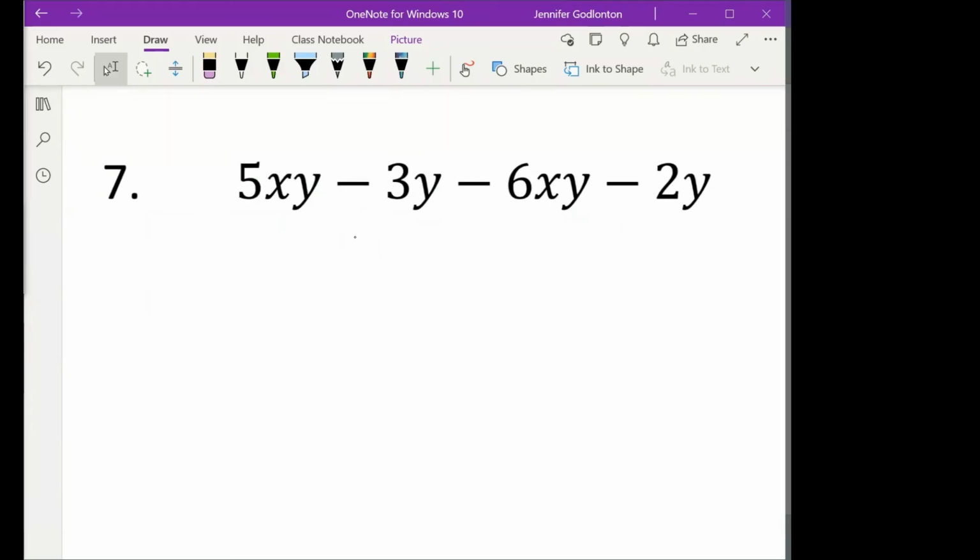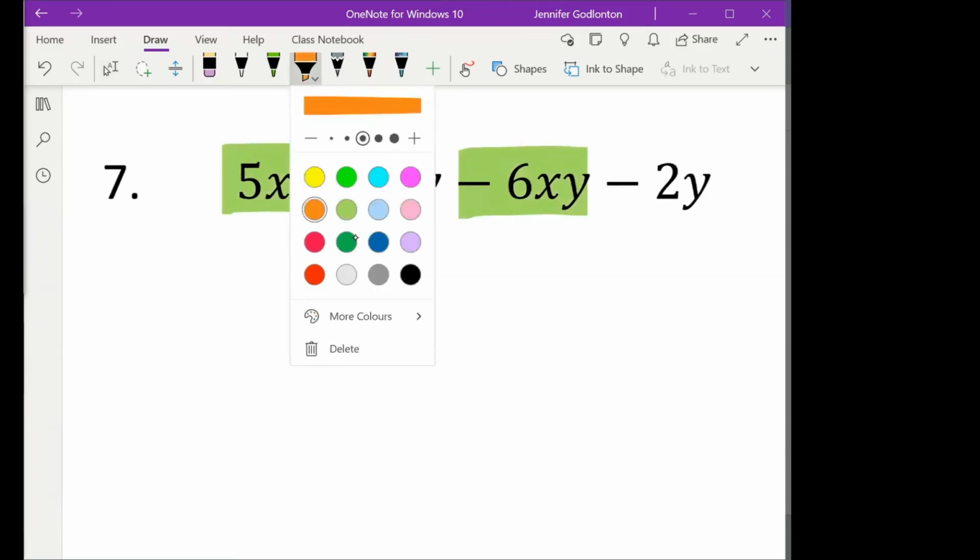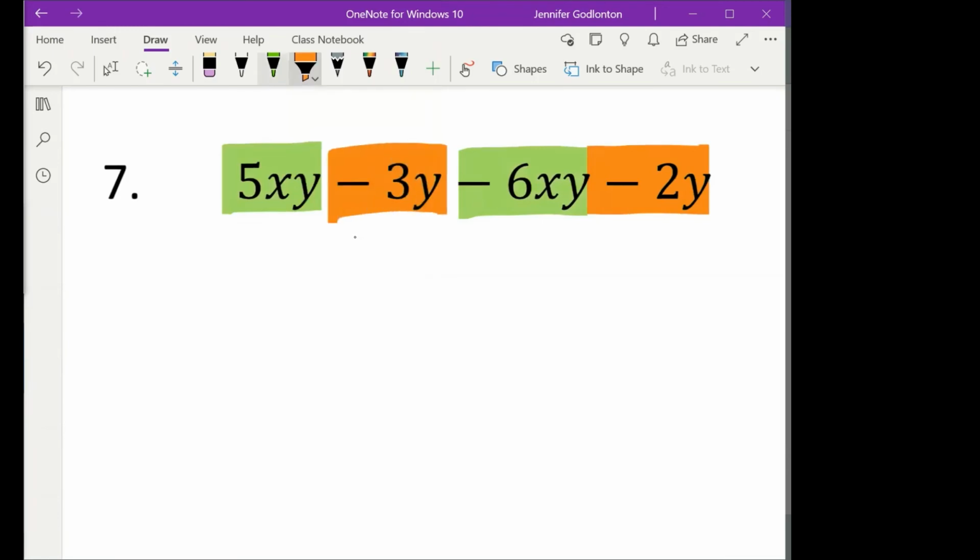Let me just highlight your like terms for you. Ooh, interesting color choices that I did over there. Anyway, it's too late now. As soon as you feel good with an answer, chuck it in the comments for me. We'll go through it.